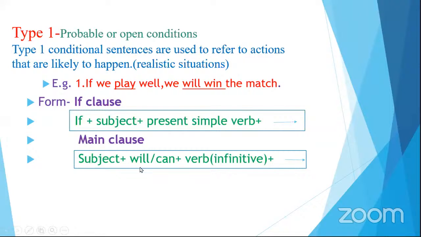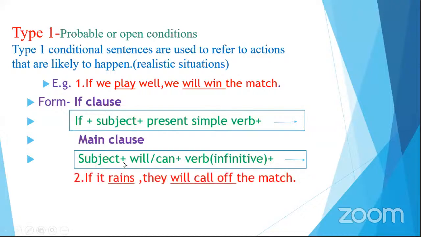Either will or can, plus the verb which is called an infinitive. Infinitive is a verb in the base form. With this knowledge, we'll look at another example. You can write down the components of the main clause also. Look at the second example as well.